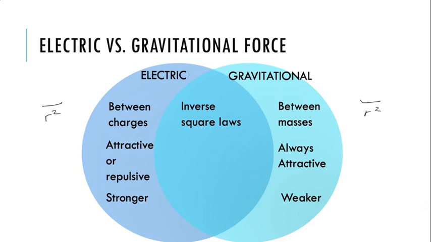It's in the bottom and it's squared. So for both of them, when the distance gets bigger, it doesn't matter if it's Gmm or kqq, the force gets weaker, and vice versa. If the distance gets smaller, then the force gets bigger.